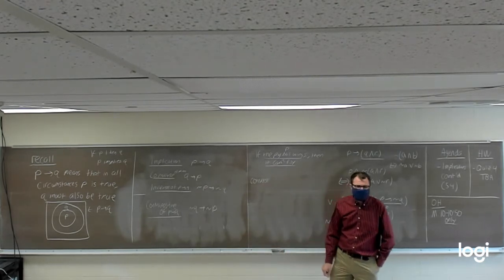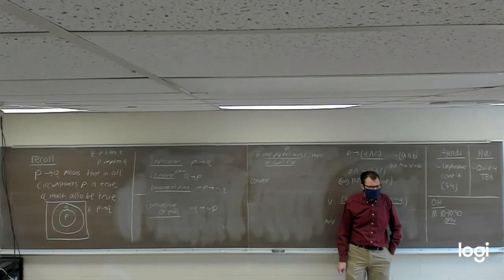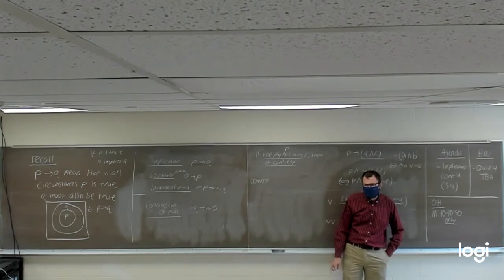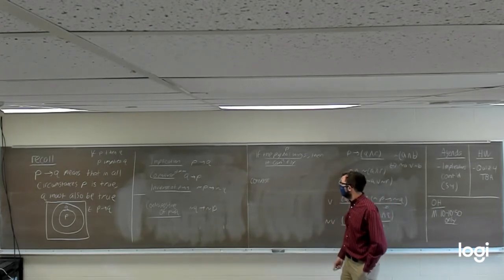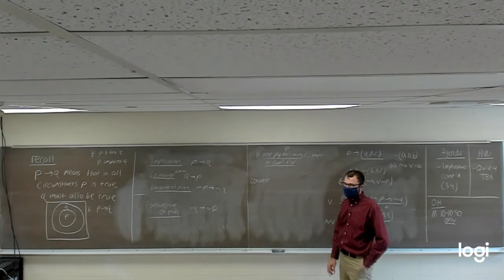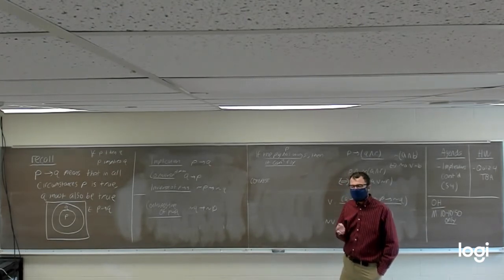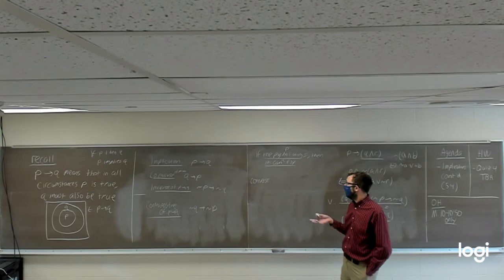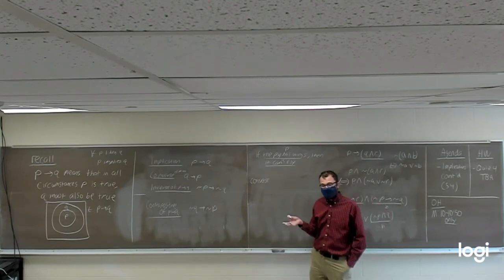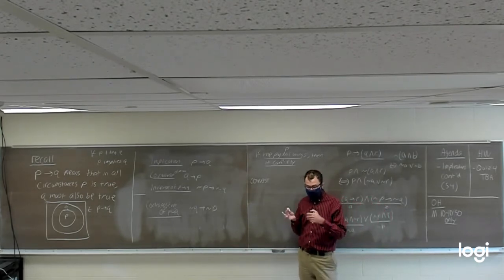How could we write out the converse of this implication? The original statement is P implies Q. And what would the converse look like? Q implies P. If it can fly, then the pig has wings. I'm going to rephrase slightly to just say if the pig can fly, then it has wings, just to make clear that the thing that we know to be the subject, the pig, comes at the beginning of the sentence.